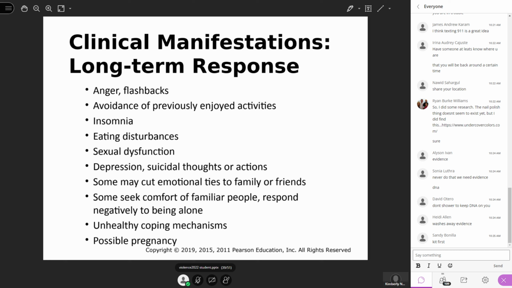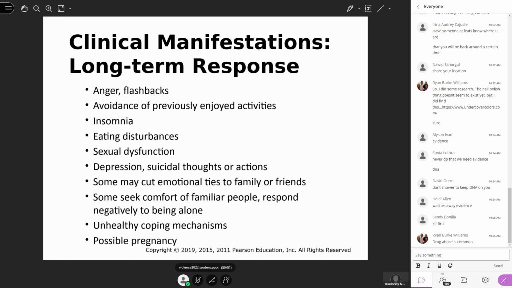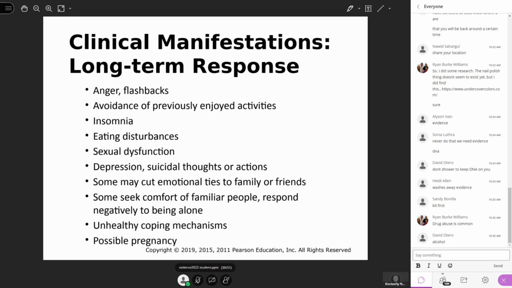Eating disturbance, insomnia, sexual dysfunction, depression, suicidal thoughts or ideation. They may become withdrawn or develop unhealthy coping mechanisms. Drug abuse is common. There you go. I was just going to ask, what type of unhealthy coping mechanisms might we see? Alcohol, drugs, yep.